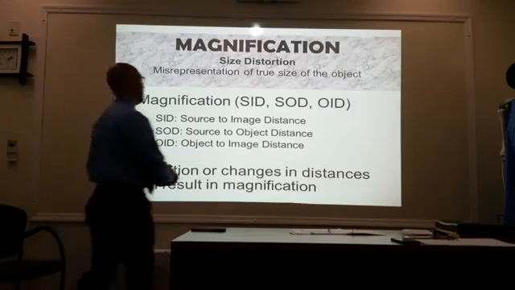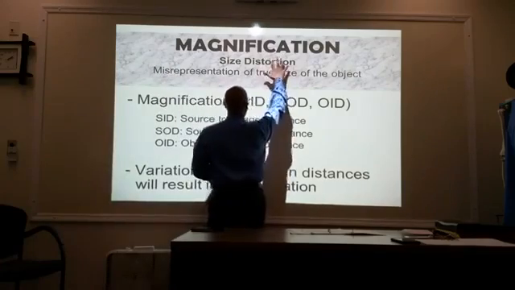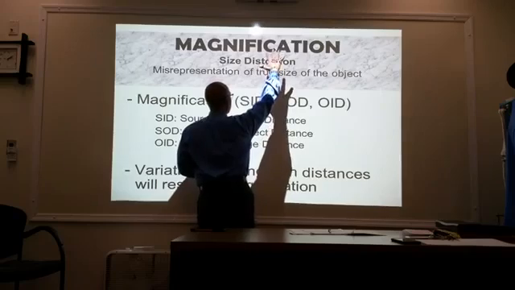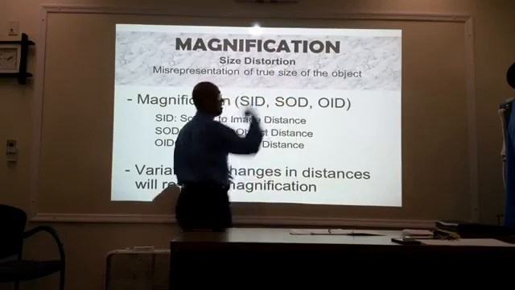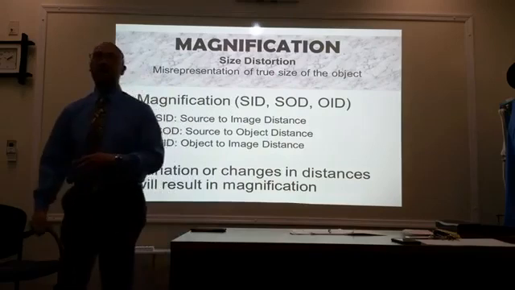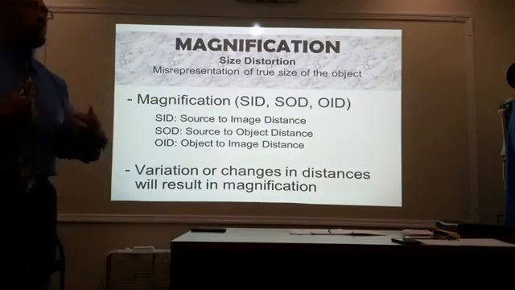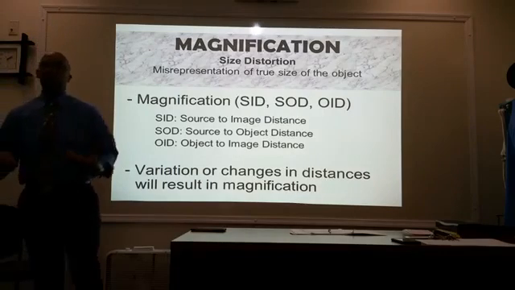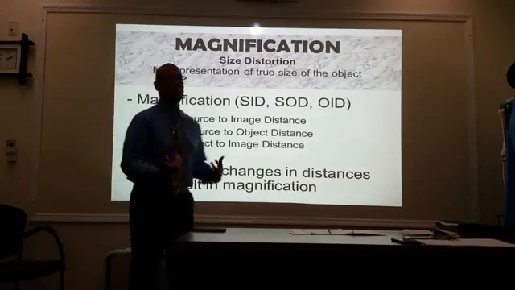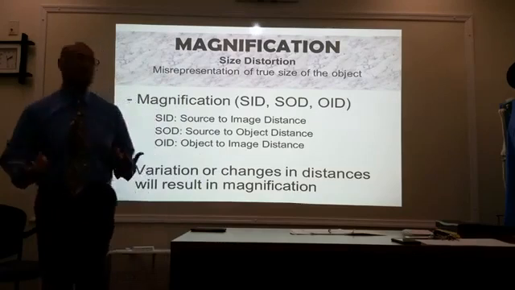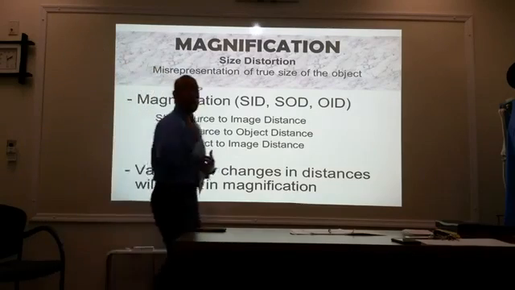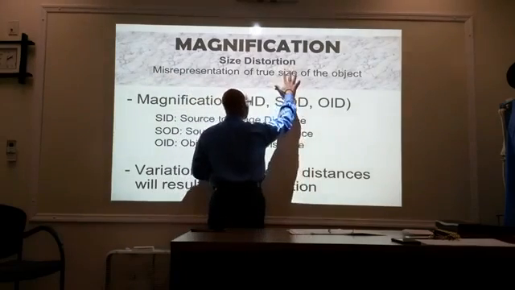What's magnification? Look at my hand. Look at the shadow. What's happening in the shadow of my hand? Getting bigger. That's magnification. Our body is three-dimensional. We take X-rays of our body all the time, but because we are three-dimensional, we can't get the object as close to the image receptor as possible.